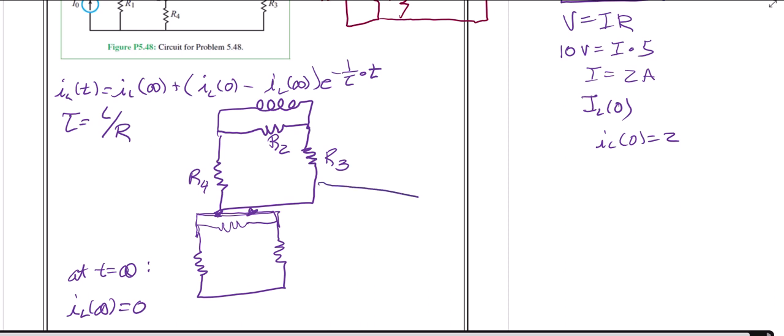Now we have to use this drawing of the circuit to determine our time constant. So we need to find the equivalent resistances. We would short out any voltage sources and make any current sources open circuits, but there are none of those. So first we'll combine R4 and R3 in series.